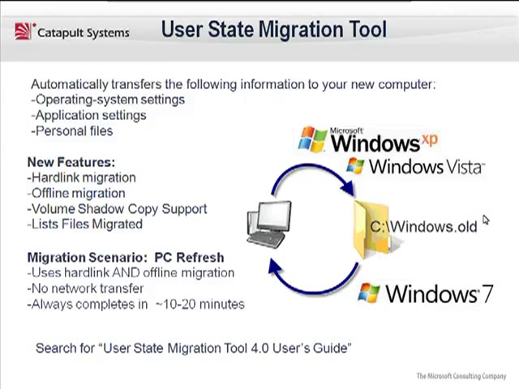Well, with hard link migration, you need to keep your existing partition information because it relies on the Windows.old directory, as I demonstrated earlier. It will dig in this Windows.old directory for your files and settings and just place links to the data of those files on your new Windows 7 operating system.